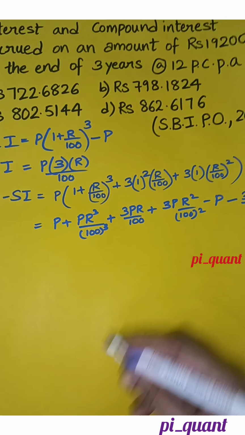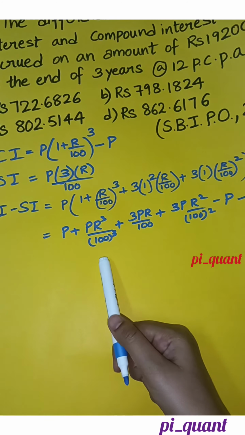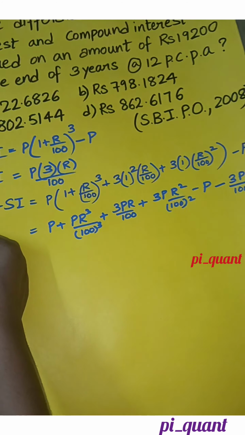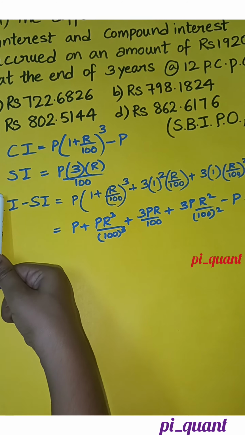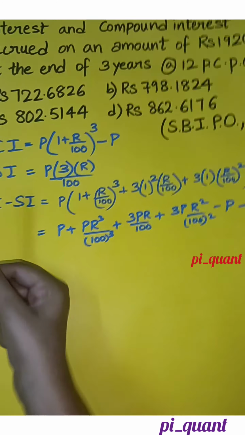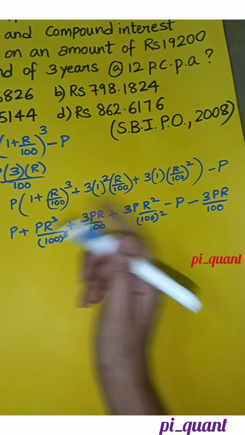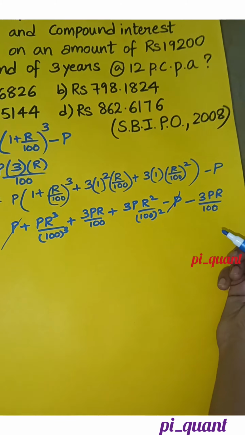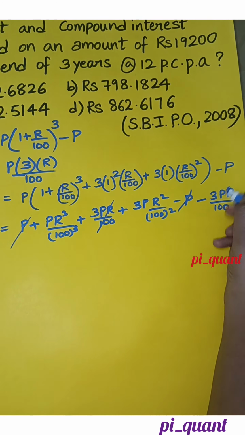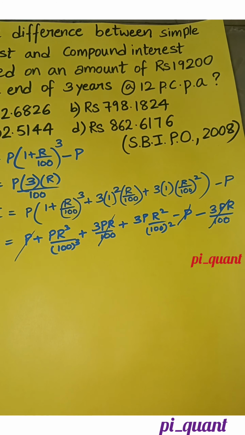So that is how we have derived a formula for a difference between compound interest and simple interest for 3 years. This is the formula, right? So P minus P, 3pr by 100 minus 3pr by 100 cancel.